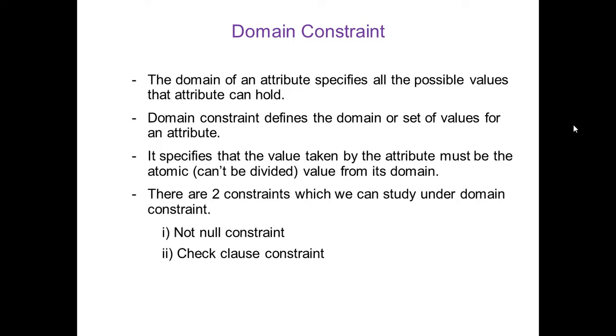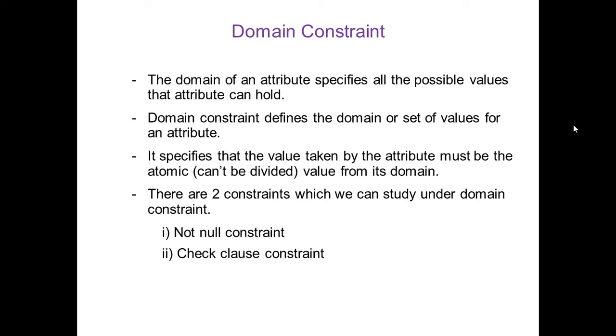Domain constraint. Now first we will see what is domain. The domain of an attribute specifies all the possible values that an attribute can hold. Means the domain of any particular column or attribute can be the values which are inserted under that particular column.